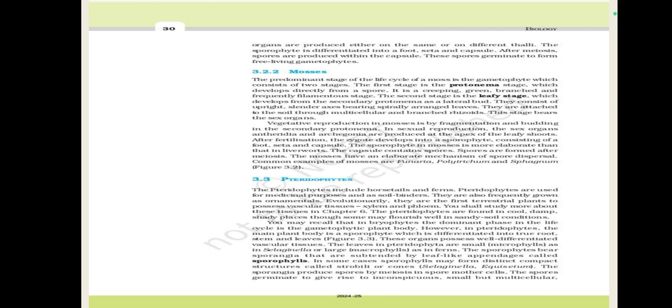Mosses. The predominant stage of the life cycle of a moss is the gametophyte, which consists of two stages. The first stage is the protonema stage, which develops directly from a spore. It is a creeping, green, branched, and frequently filamentous stage.